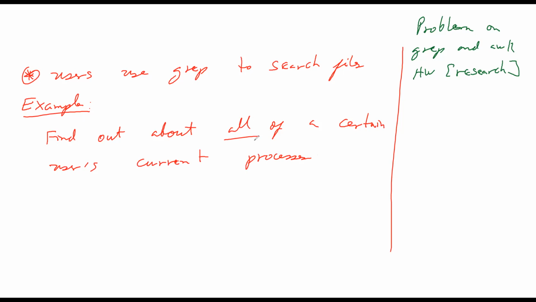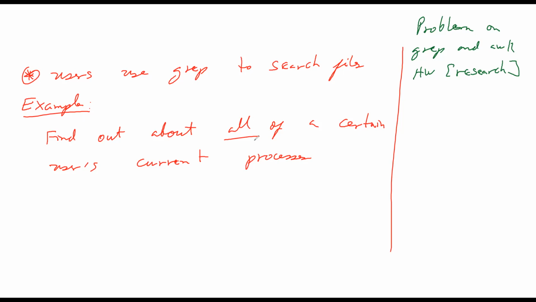So the question is, how do you do these kinds of things? How do you quickly do that? Let's say that you work for a company and your boss says, I want you to look at these servers, please, and find out all the processes that user so-and-so is associated with in all these servers.